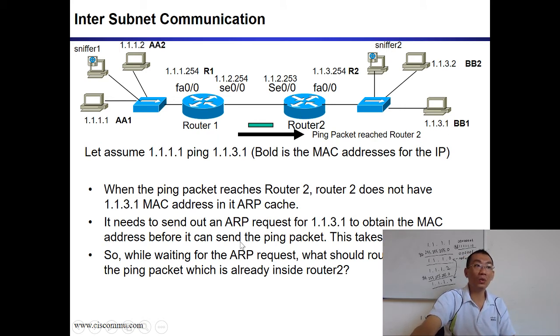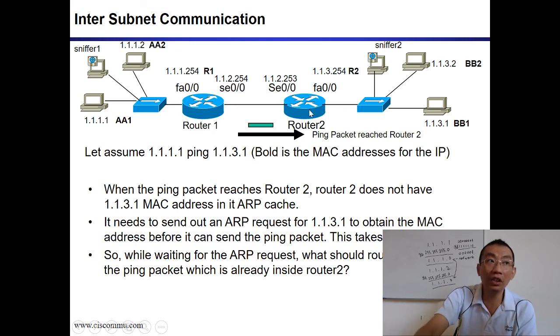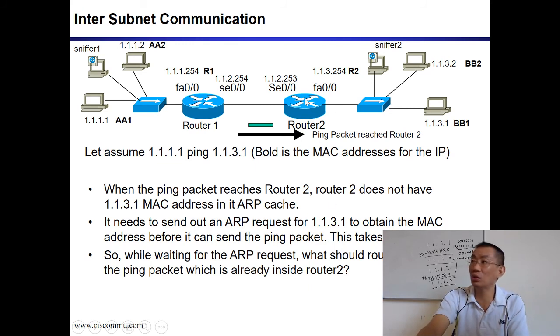So what to do? You need to send out an ARP request for 1.1.3.1 before it can send out the ping packet, because when the packet reaches here, it cannot ping this one because it doesn't have the MAC address. So what should the router do while the packet is still here?